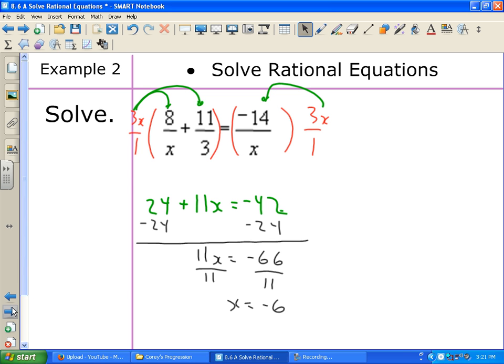Make sure it fits. That will say 8 over negative 6 plus 11 over 3 equals negative 14 over negative 6. Let's kind of reduce all these problems. Let's see, negative 8 over negative 6, take out a factor of 2.